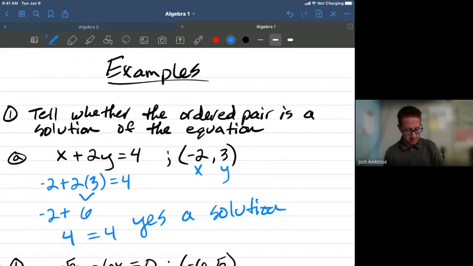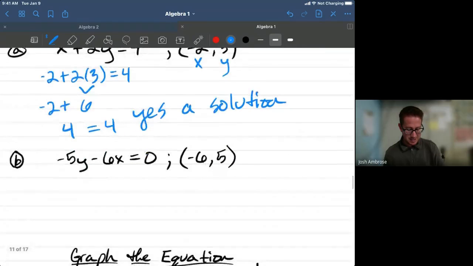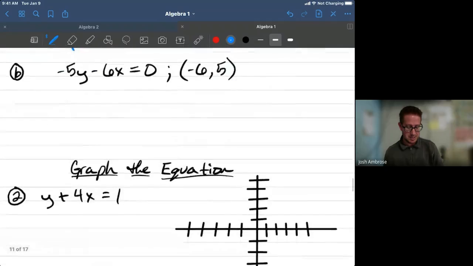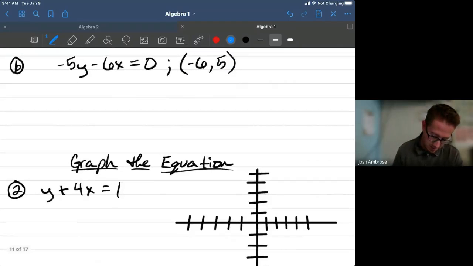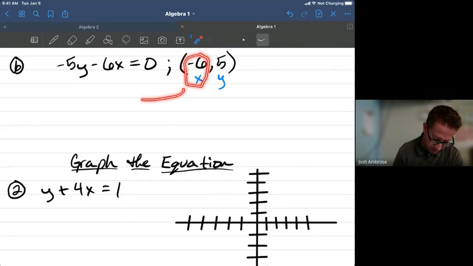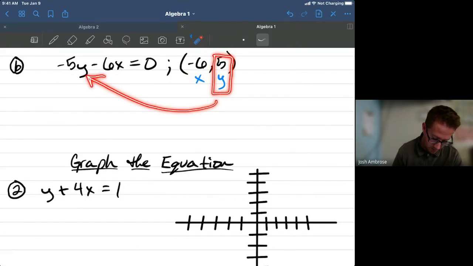All right, let's take a look at part B here. Same directions, same style. So look at what we're given. Here's your x, here's your y. -6 for x goes in for x right there. Your 5 for y goes in right here for y.